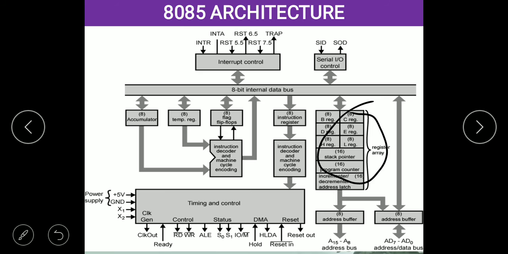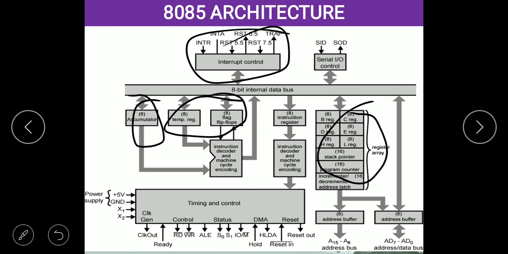Okay, this is called the registers. This is also a register. Here also the registers. So these three things we are going to discuss in a session. Okay, what is a register? How to store the data? What is the purpose of the register? What is the necessity of that register? What is the importance? Everything we are going to discuss. Okay, in the next session we are going to discuss only this interrupt signal.